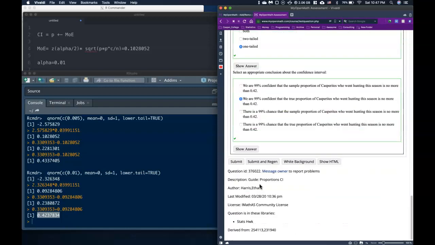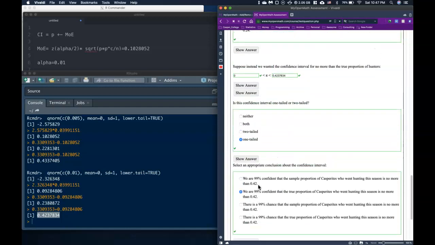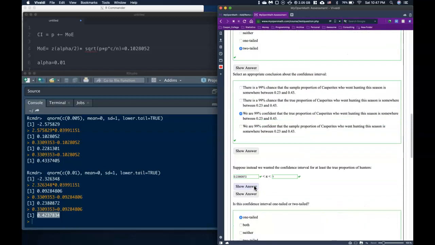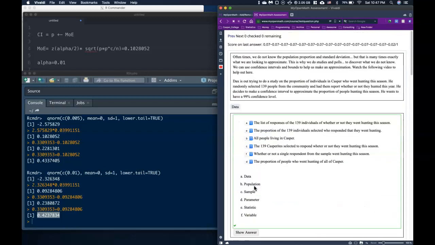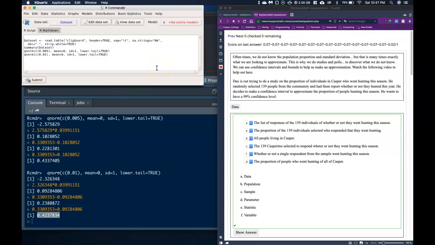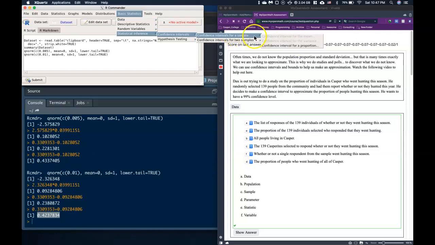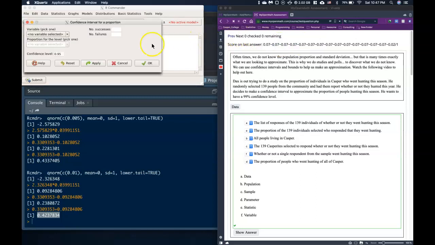Okay, so now I showed you how to do it all by hand. Let me show you how we can simplify this whole thing with our software. We can click on basic statistics, go to statistical inference, ask for a confidence interval, ask for one sample, and ask for an interval on the proportion.